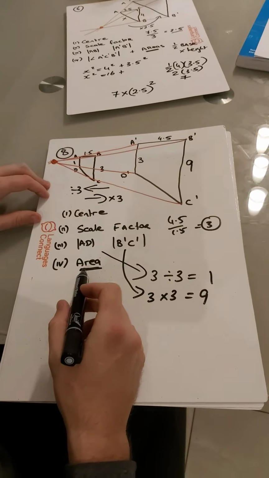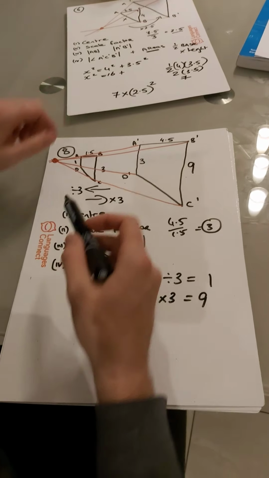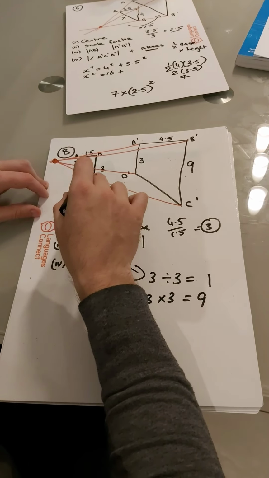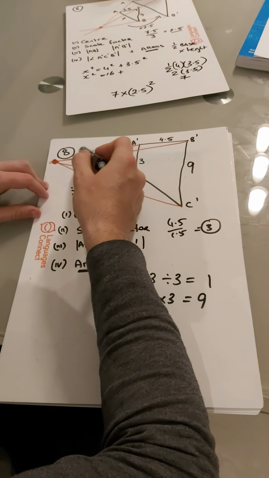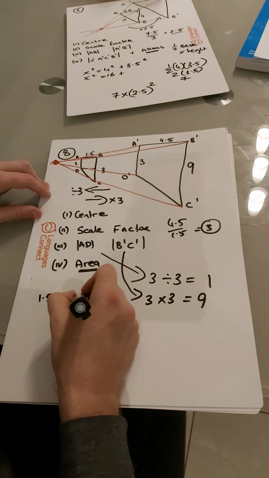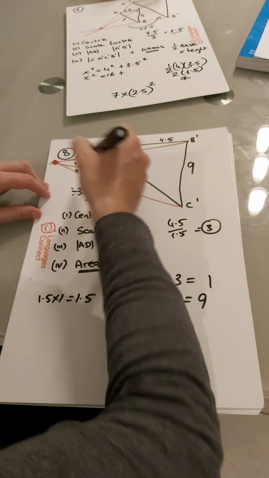Okay. Now, I'm not going to break this down. We should be able to find the area of these shapes. Look, it's a rectangle and a triangle. So look, just go across the middle there. So you have 1.5 times 1, I'll do the smaller one, gives me 1.5. And then remember, this is 1.5 as well. That's a right angle triangle.